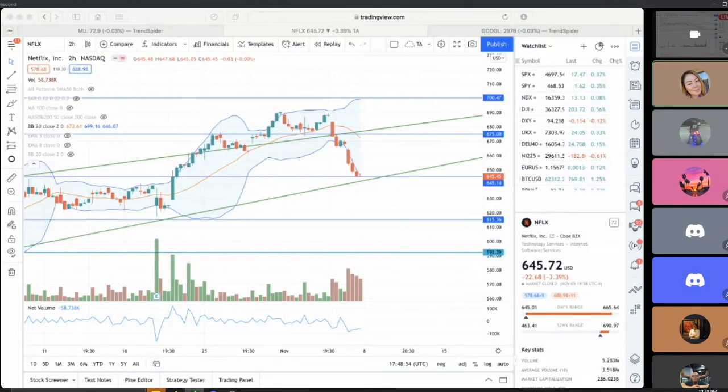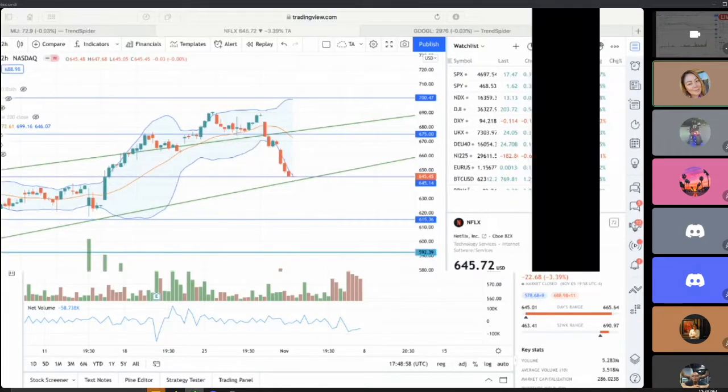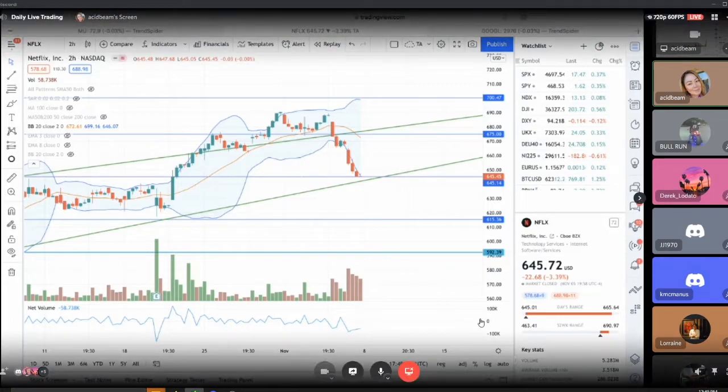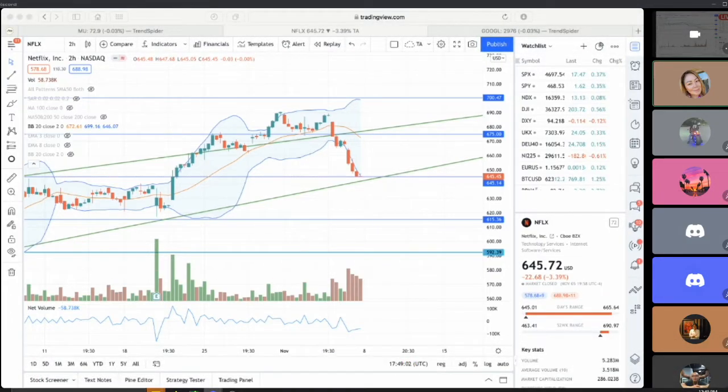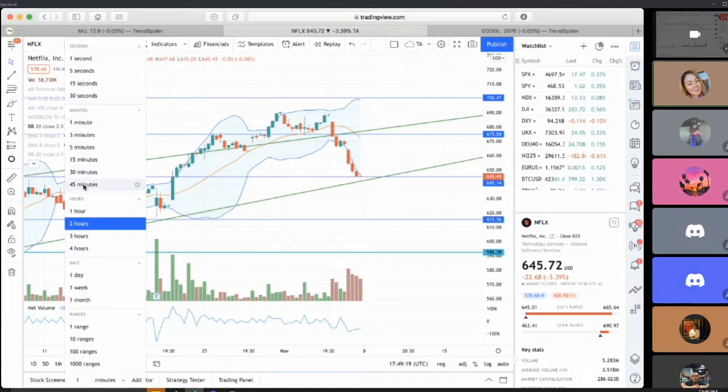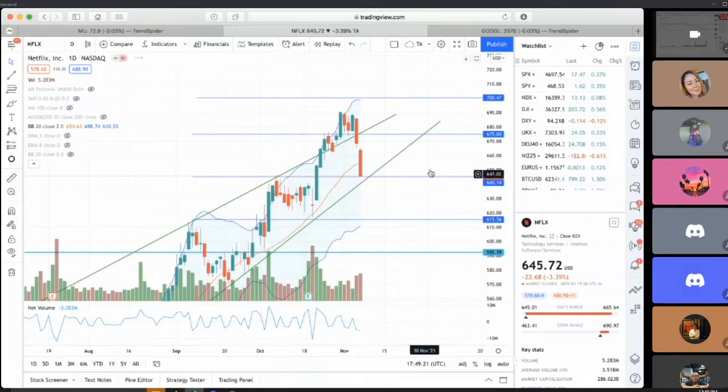Trade idea: 645C. Target is 675. If it goes below 645, puts, and the next target is, let me go look at the daily.